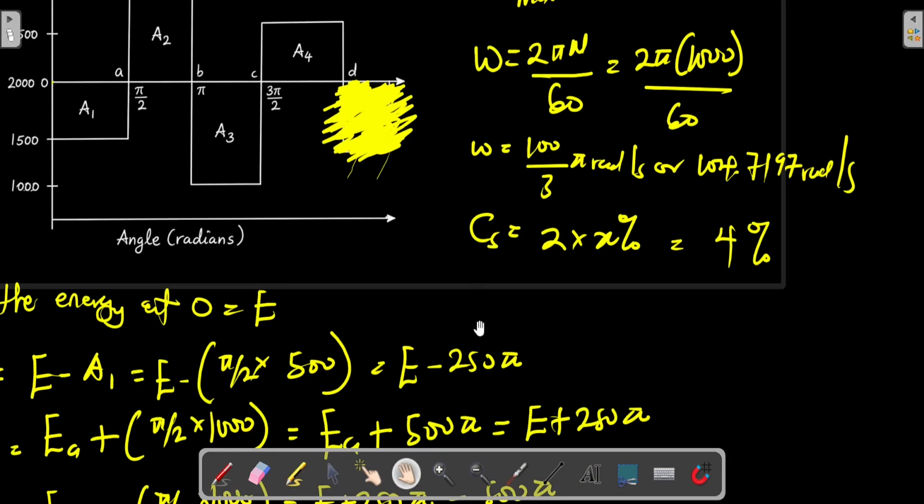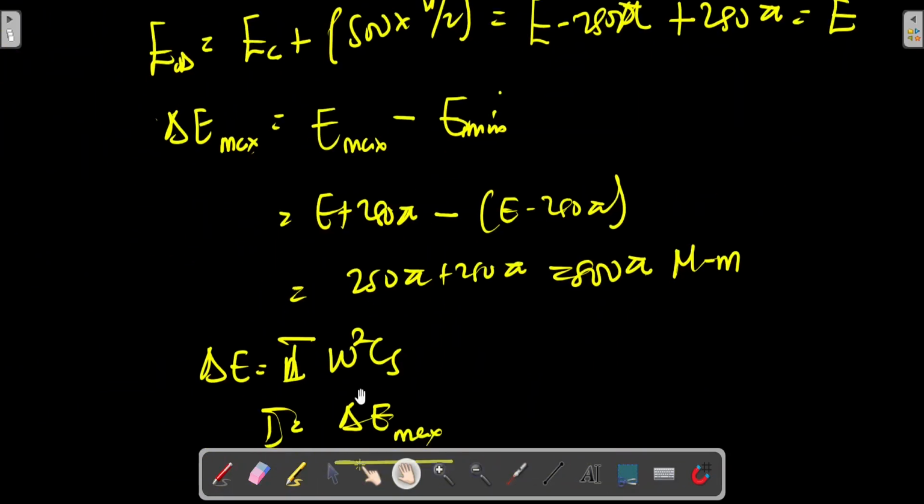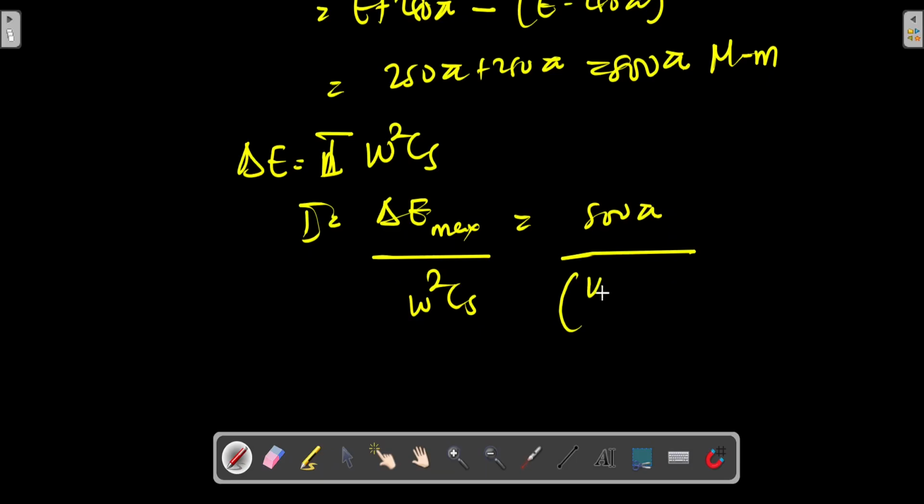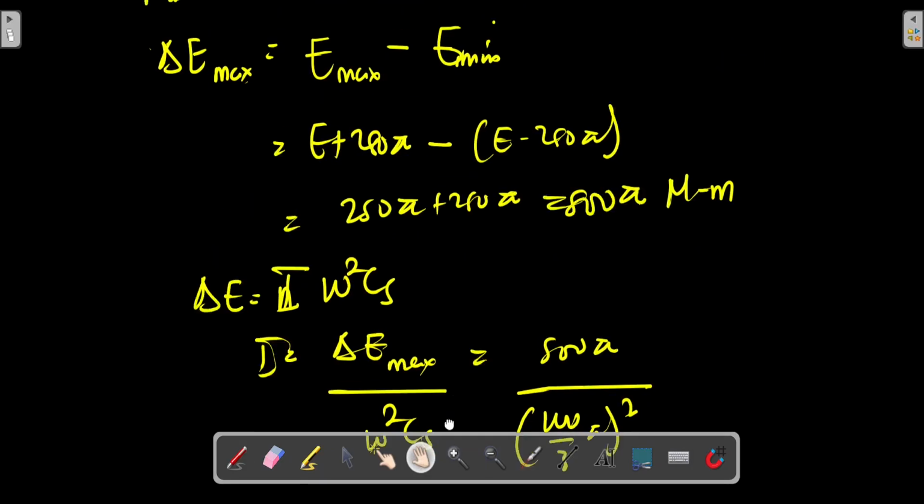We had 100 over 3 pi radian per second. So we have 500 pi Newton meter divided by 100 over 3 pi radian per second squared, multiplied by CS. Now what is CS?